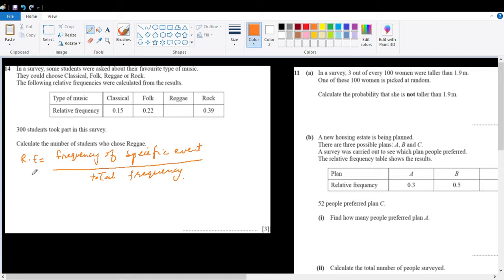And always remember that the sum of relative frequencies is always equal to 1.